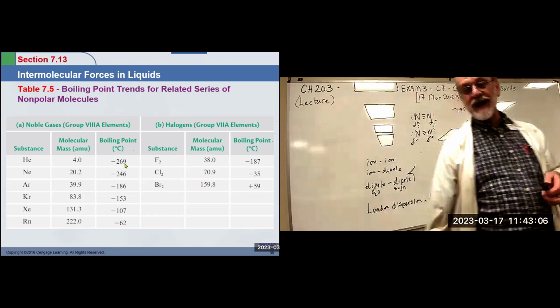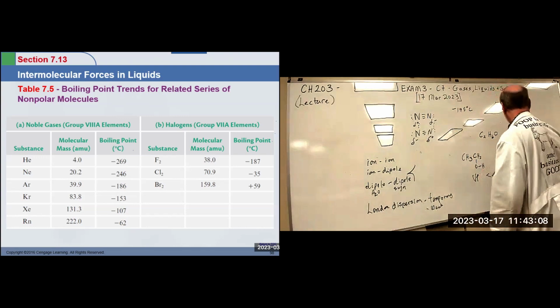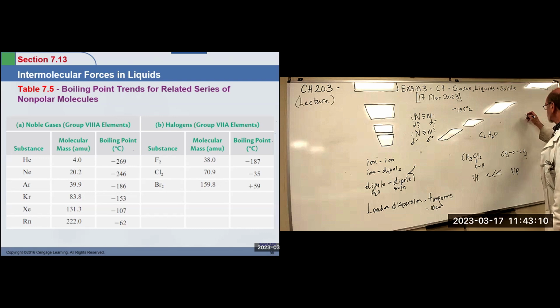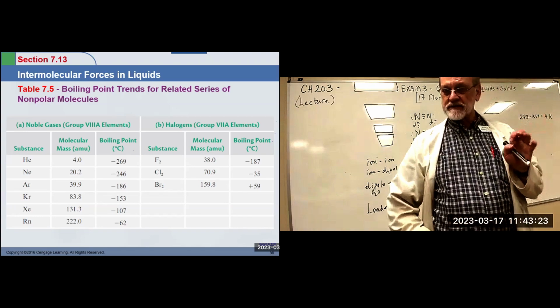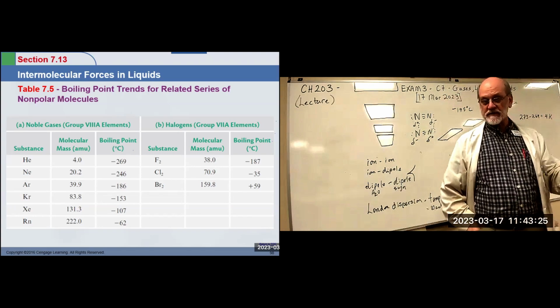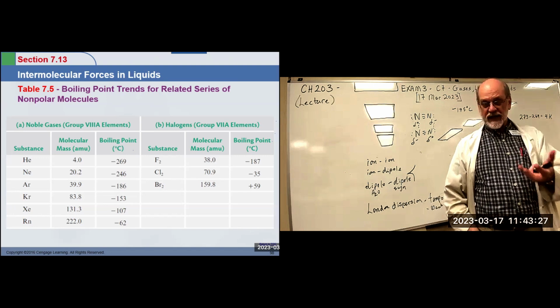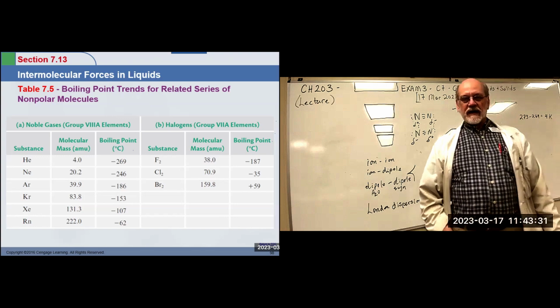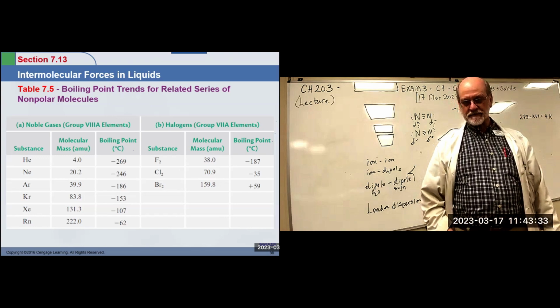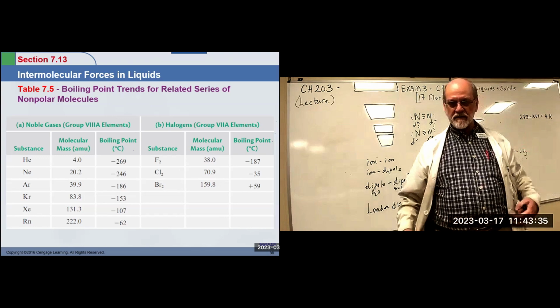Notice that this helium, minus 269, is equal to 4K. That is the coldest substance that we can produce in the laboratory and maintain and hold. Liquid helium is 4K.